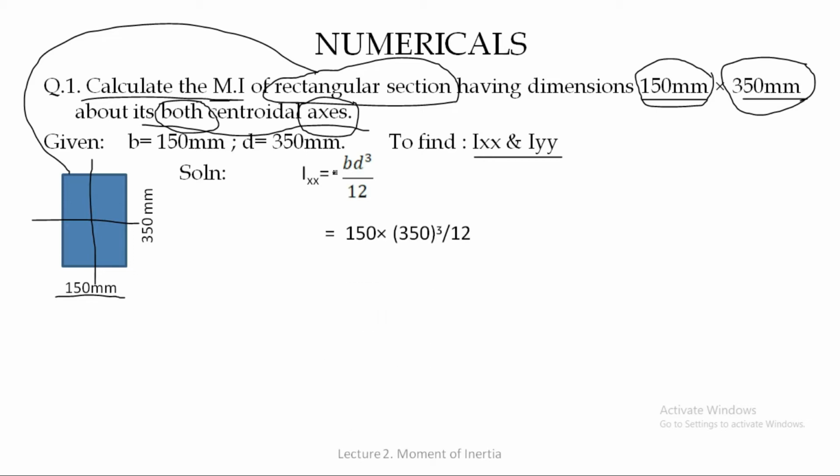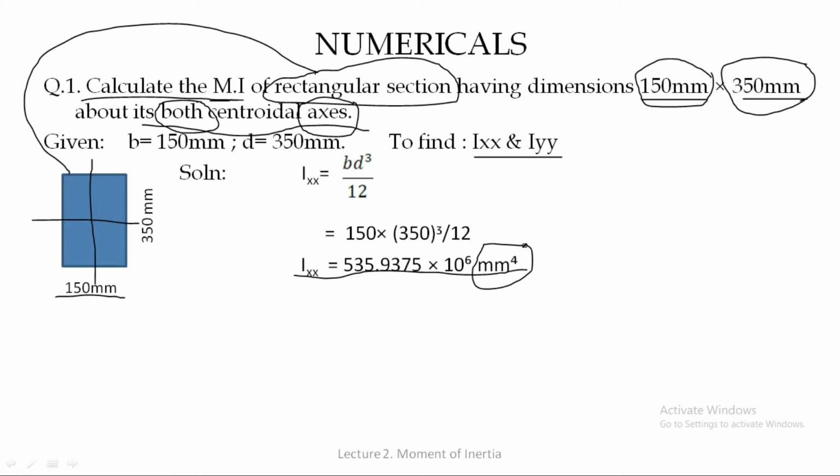Putting those values in the formula, on the calculator we get the value of IXX as 535.9375 into 10 raised to 6 mm raised to 4. What is mm raised to 4? Mm raised to 4 is the unit of moment of inertia. Remember that we studied that in our first lecture of this topic.